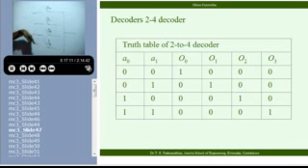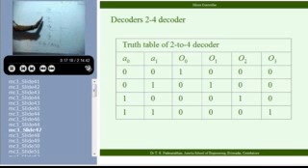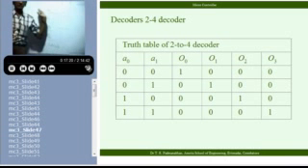So in this 4-to-1 mux, this 2-to-4 decoder was built in.